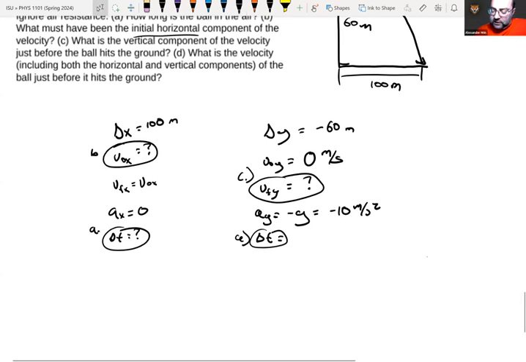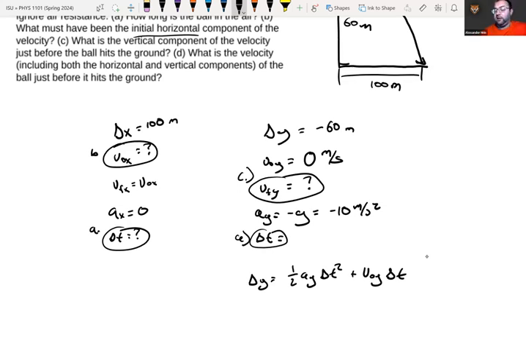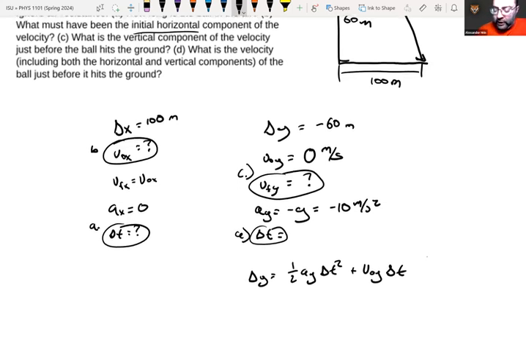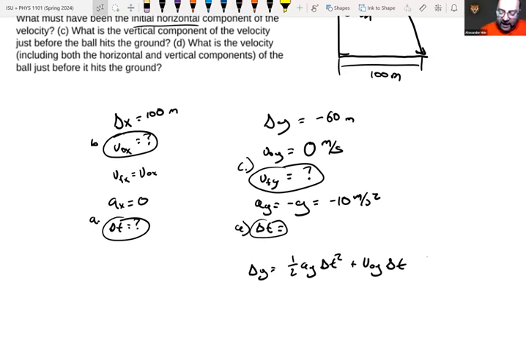I think the easiest way is to say delta y is equal to 1/2 a sub y delta t squared plus v naught y delta t. This is how we can find our delta t for part A. Delta y was negative 60 equals 1/2 times negative 10 delta t squared, plus 0 delta t.